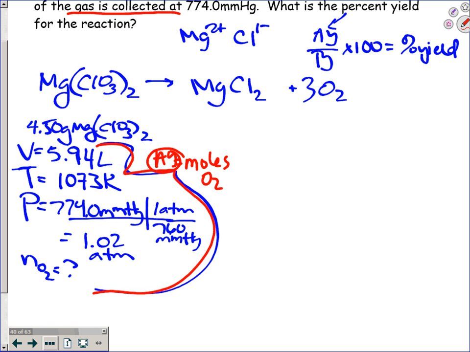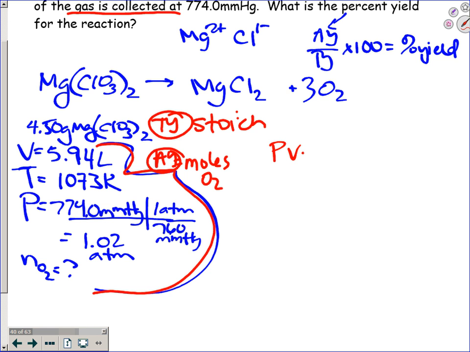But what they should have done was, okay, if I have this many grams of magnesium chlorate, I should theoretically, on paper in La La Land, be able to make X amount of oxygen. So we're going to get theoretical yield by doing stoich. Okay? All right, so what do you guys want to do first, stoich or ideal gas law? Okay, ideal gas law it is. Okay, so let's go ahead and do that.